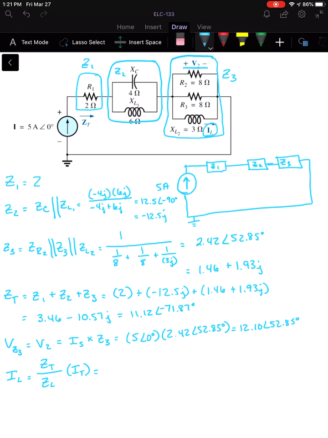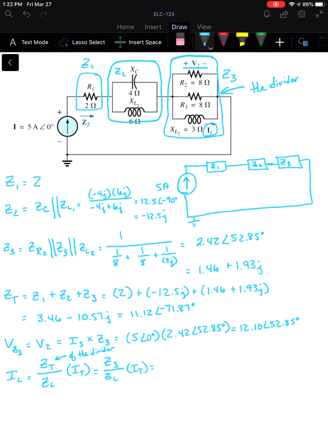Okay, so ZT, and for ZT, I'm actually talking about Z3, not the total impedance of the entire circuit. This is the total impedance of the divider, okay? And this right here is the divider that we're looking at, because that's what's going to divide our source current. So it's actually Z3 over ZL times the total current coming in.